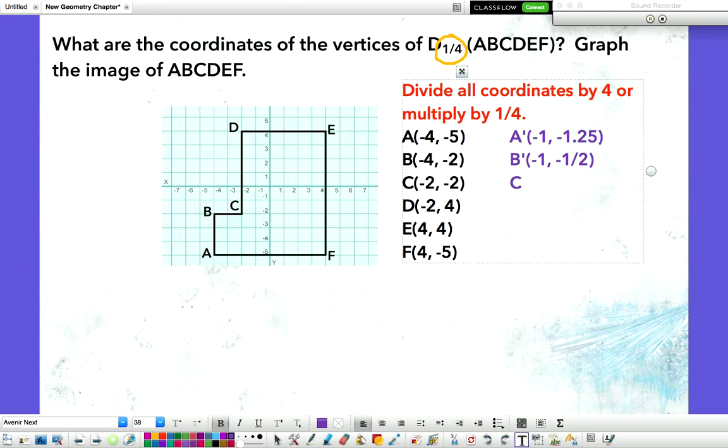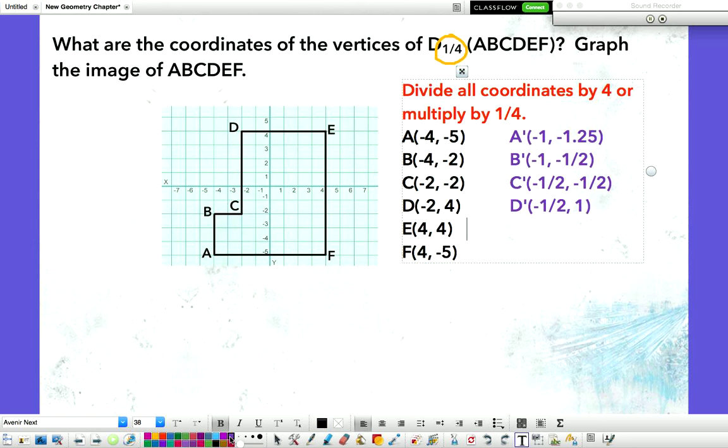C prime, -2 divided by 4 is -1/2 and -1/2. D prime, -2 divided by 4, -1/2 again, and 1.